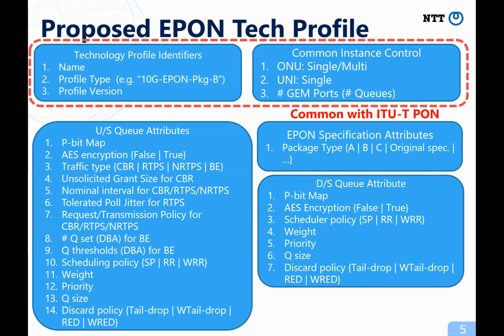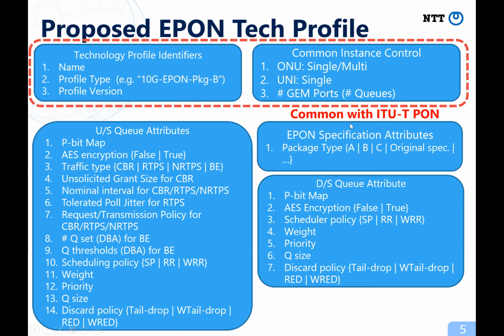And this is a proposed EPON tech profile that summarizes the mentioned parameters. Tech profile identifiers and common interface control can be used in the same way as that of ITU-T PON. The number of GEM ports can be used as a number of queues by corresponding GEM port ID to QID.